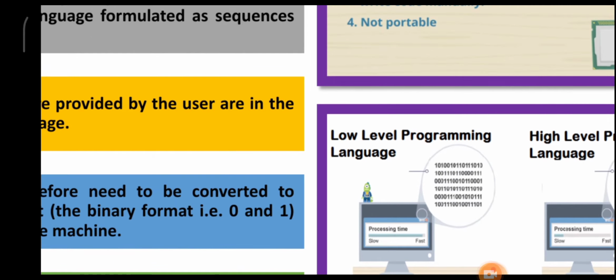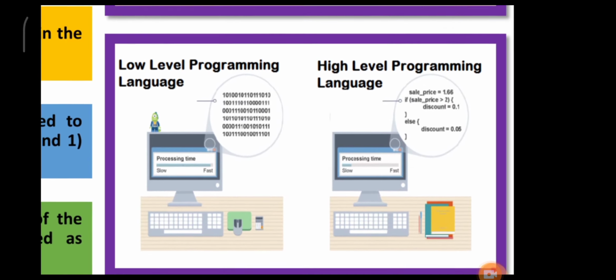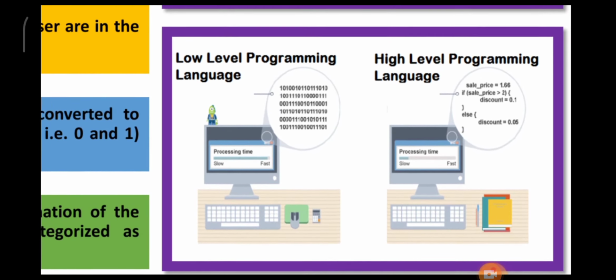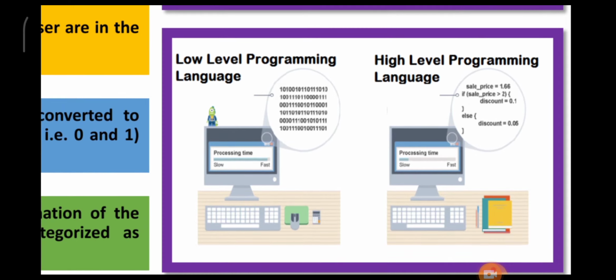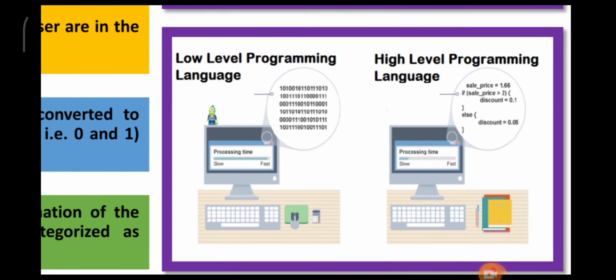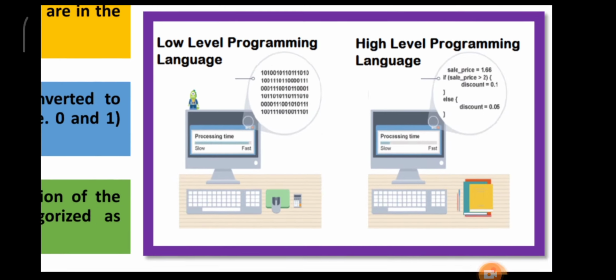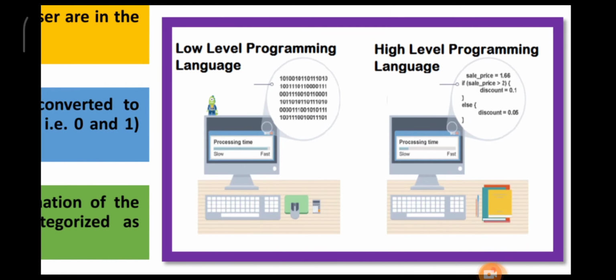Now let me show you this, the point which we have already discussed. On the right hand side, it is given in simple English, but look at the processing time. It is very slow. It is clearly given here. Can you see the progress bar below processing time is very slow.